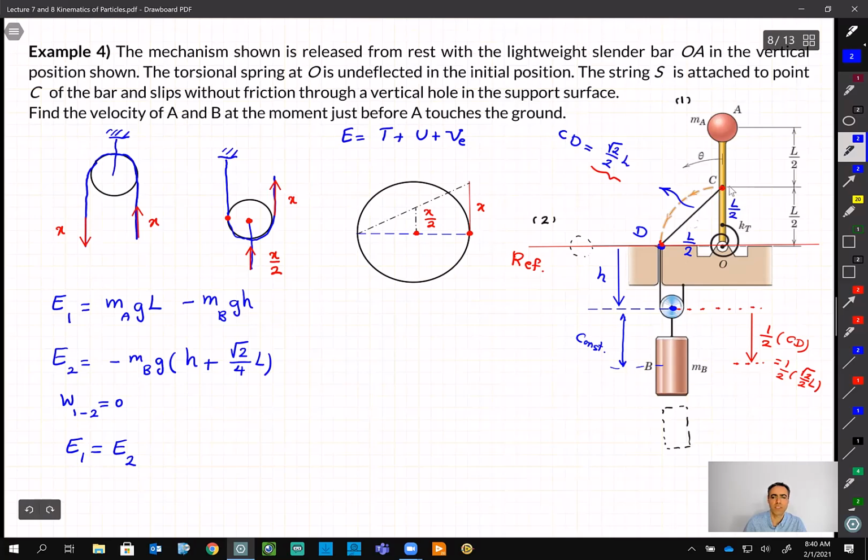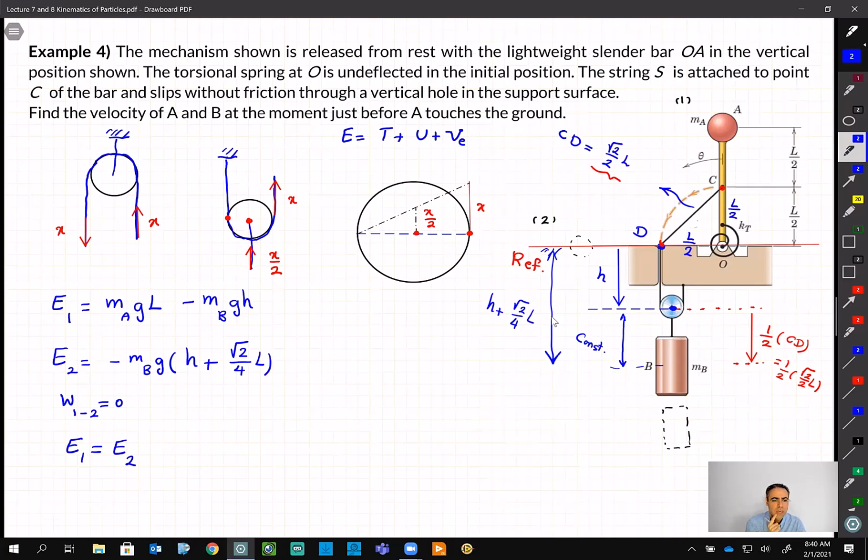If this point C comes down this amount, the square root of 2 divided by 2L, then the center is going to be half of that. That amount of half plus h is going to be the distance from the reference. Remember, this is our reference, and we wanted to know the total distance, which is going to be h plus the square root of 2 for L.